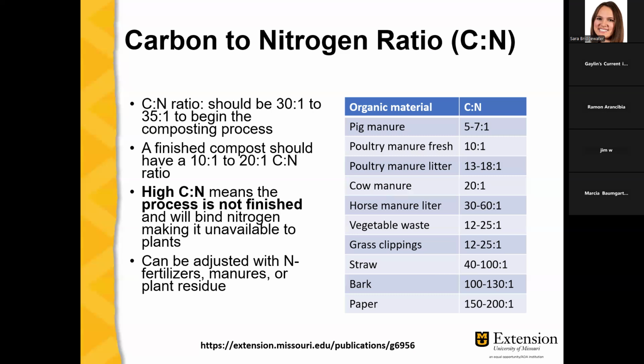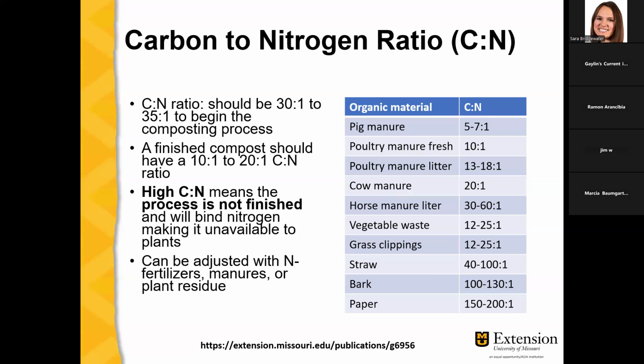One thing you have to be careful about: a high carbon to nitrogen ratio means the process is not finished. At the end of the process, if it's still too high, it may not have finished yet. There's still more carbon to be transformed or chewed up by the microorganisms.